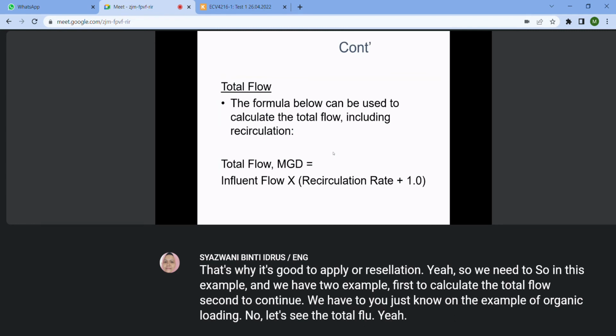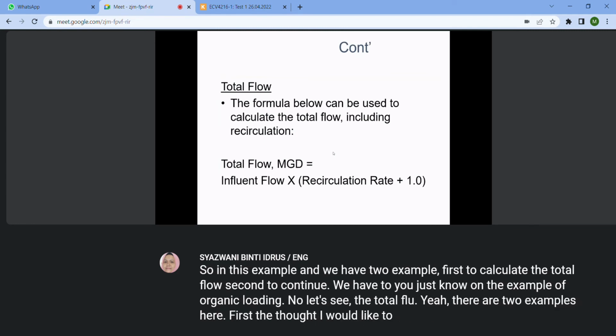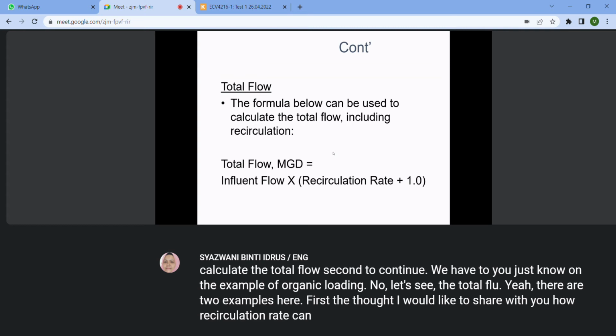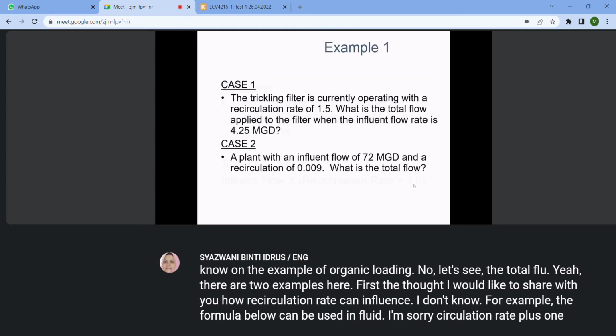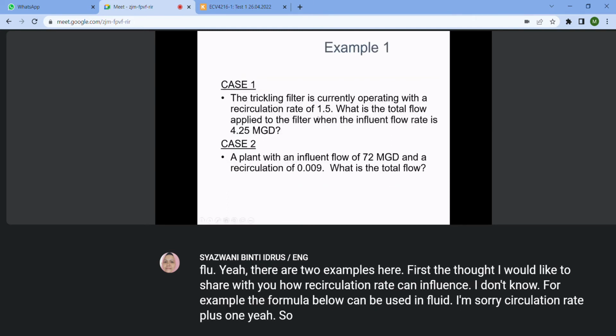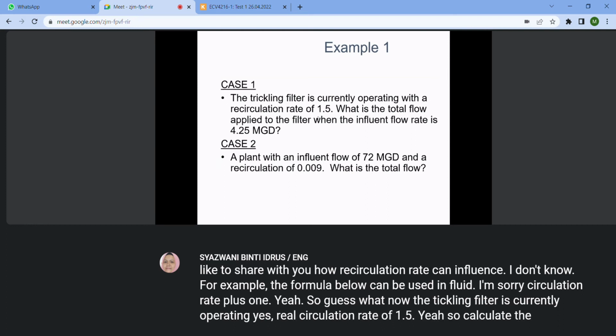I would like to share with you how the recirculation rate can influence the total flow. The formula below can be used: total flow equals inflow times (recirculation rate plus 1). In case 1, the trickling filter is currently operating with a recirculation rate of 1.5. Calculate the total flow.